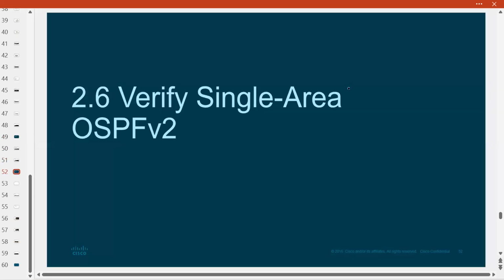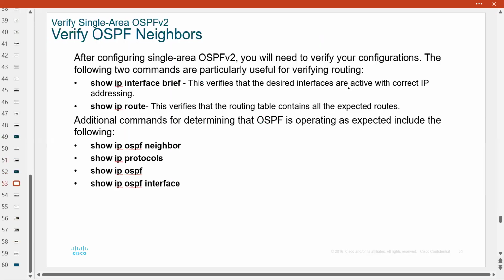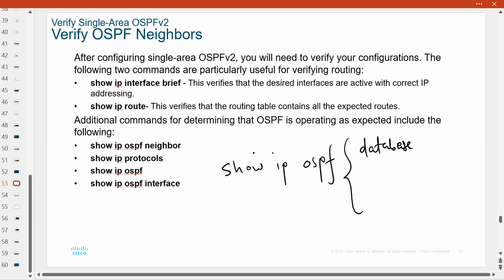Okay, right. Verifying single area OSPF. I think we are done. These are the commands which we are going to use to verify. I want us to take note of this. Show IP OSPF database shows you the topology table.